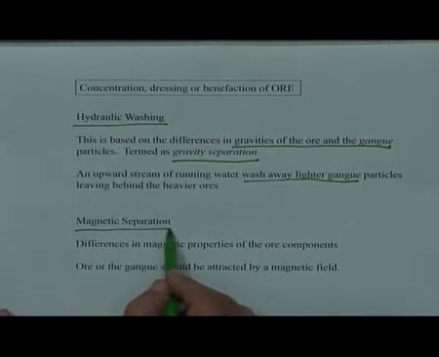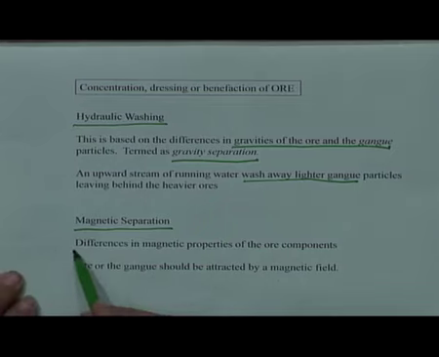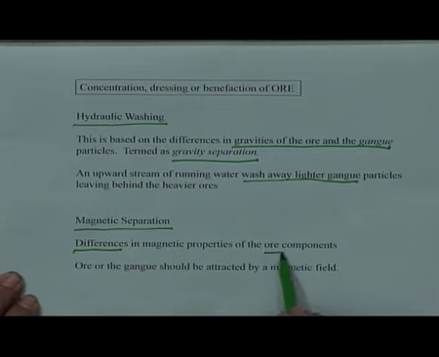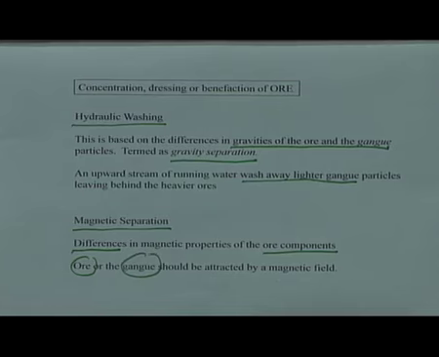The second method of separation is called magnetic separation. It utilizes the difference in the magnetic properties of the ore and its associated substances. When we apply this magnetic method, either the ore or the gangue should be attracted by the magnetic field, only then can we apply this method for separation.